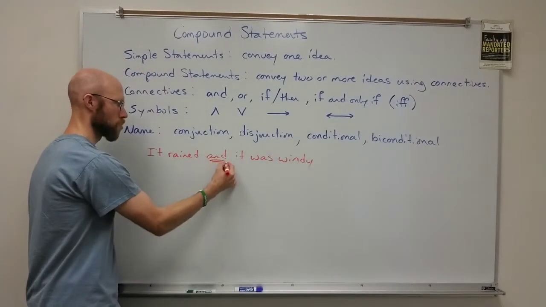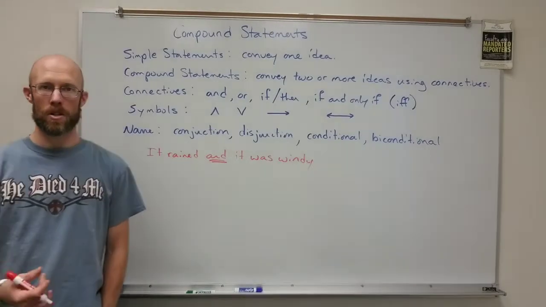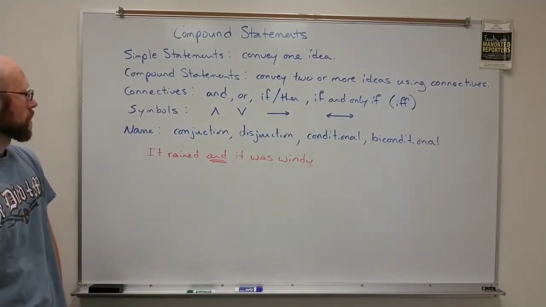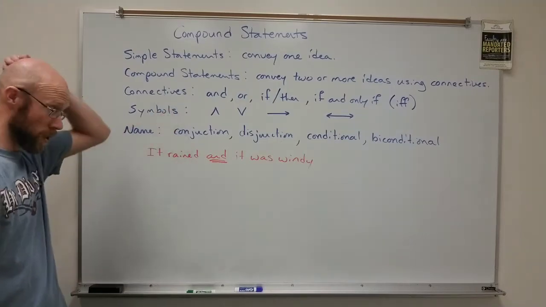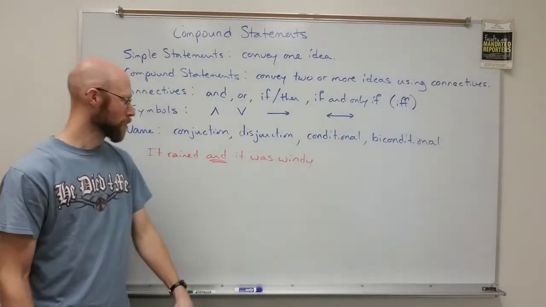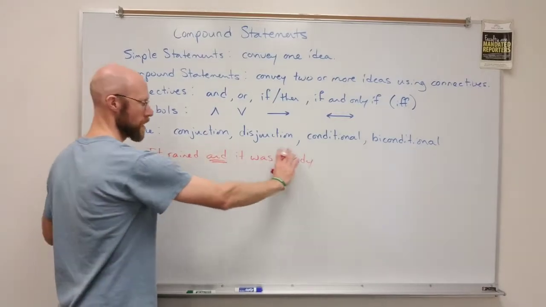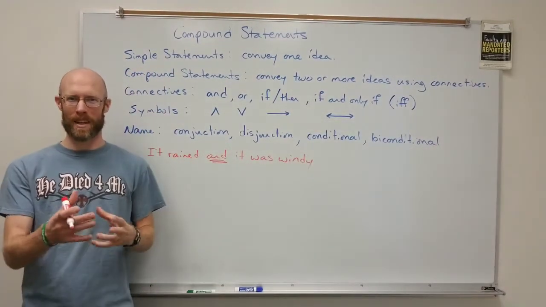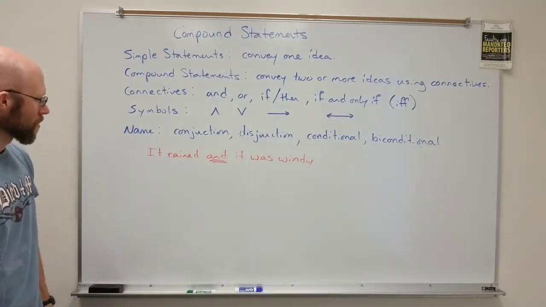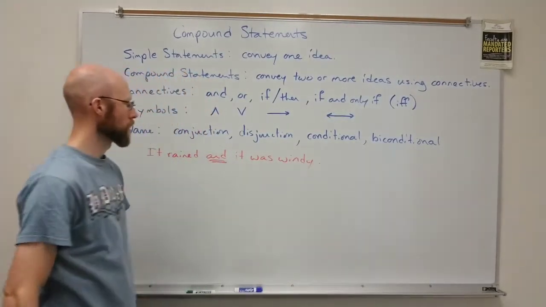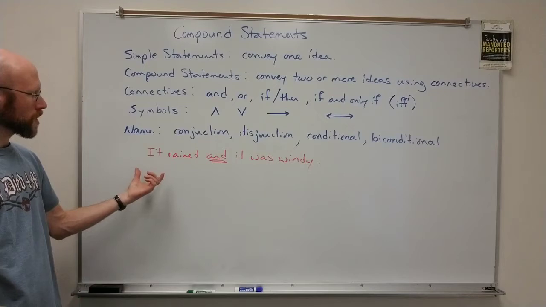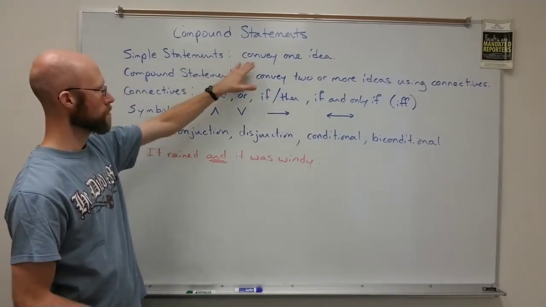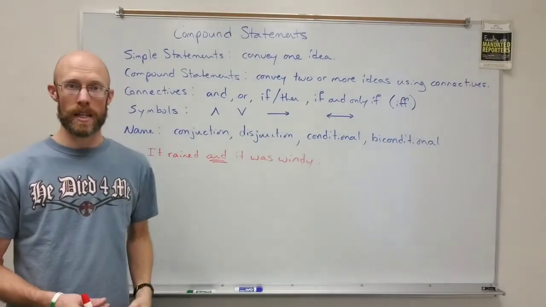Again, the word and right there is our connective word, and the whole statement is a conjunction because it contains the word and. And you could really break this down into two simple statements that convey one idea each, right?